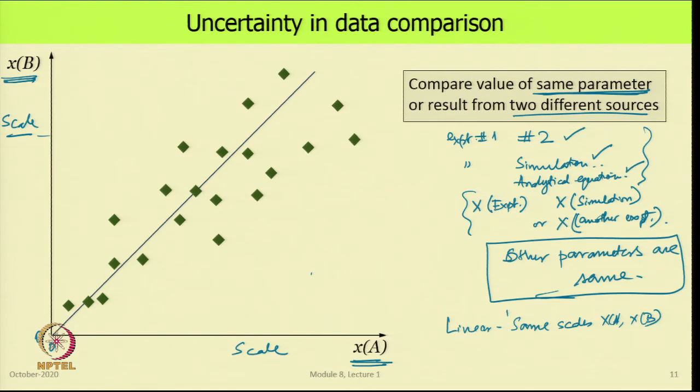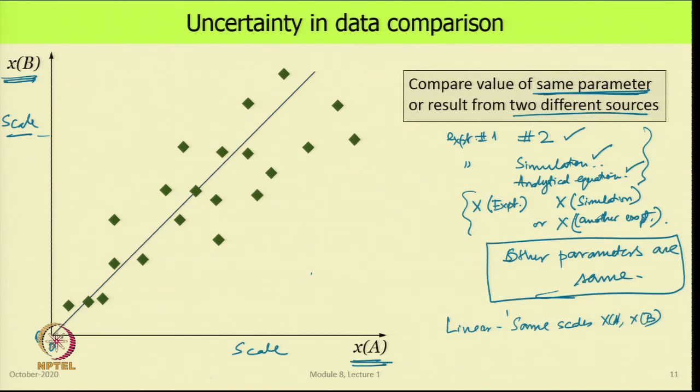It could be the case that if x A is a log scale, then x B should also be shown on a log scale, in which case again we would get a line like this. But if one is linear, the other is log, the comparison can be made, but this line will not be straight. You will then have some other curve. It just makes the interpretation a little more tricky, that is all. This is the easiest way to do it.